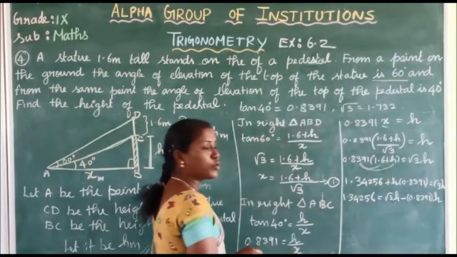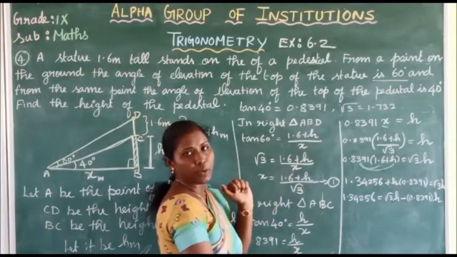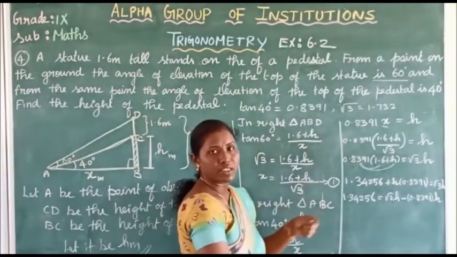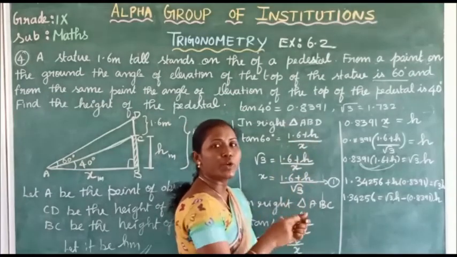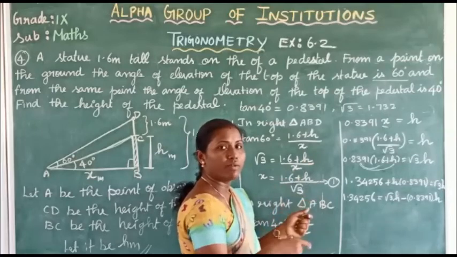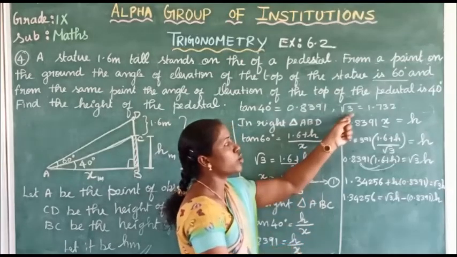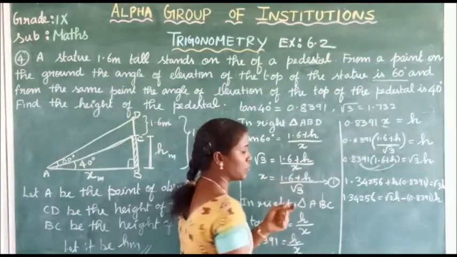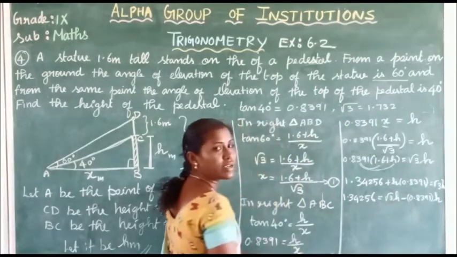We know the value of root 3, no? Keep in mind the value of root 3: it is 1.732, the square root of 3. So substitute the value 1.732 here.